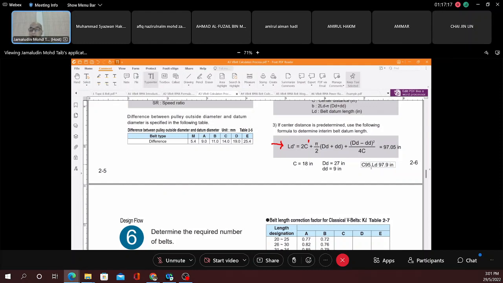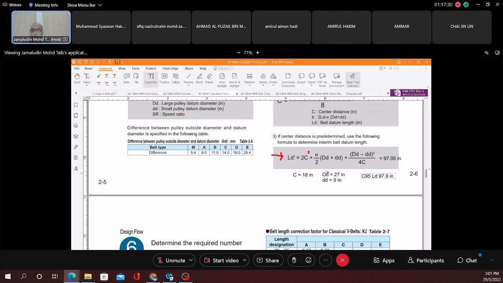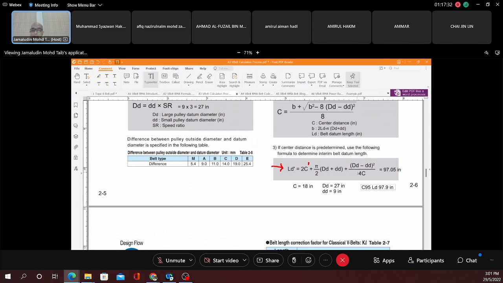Okay, this is C95, meaning that we cannot have 18. If you want to maintain this, what should you do now? Then we should recalculate the C, because we cannot have 18.